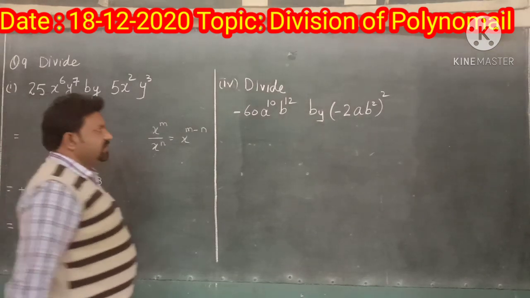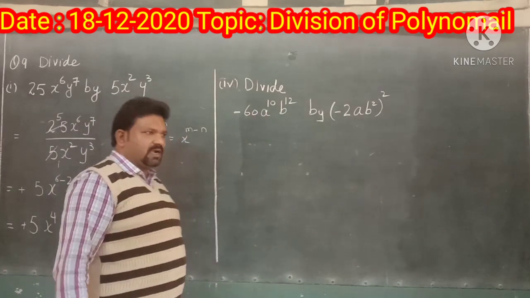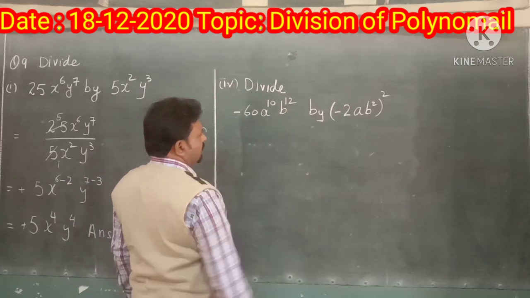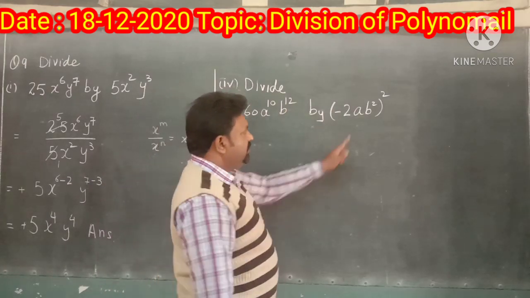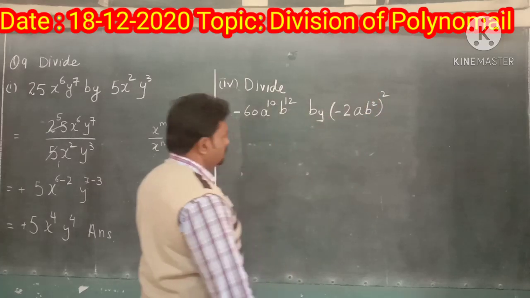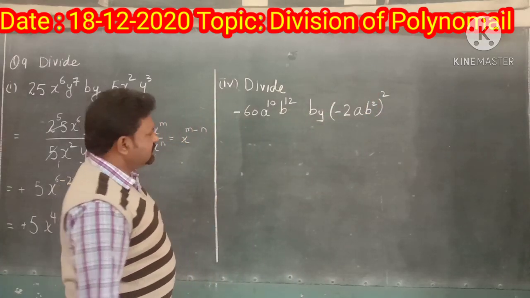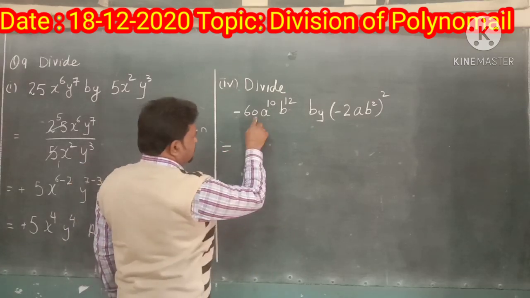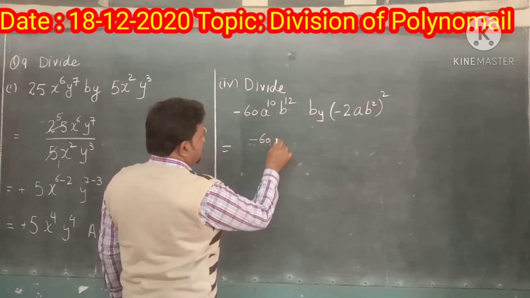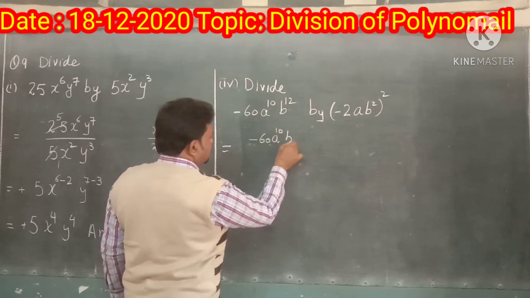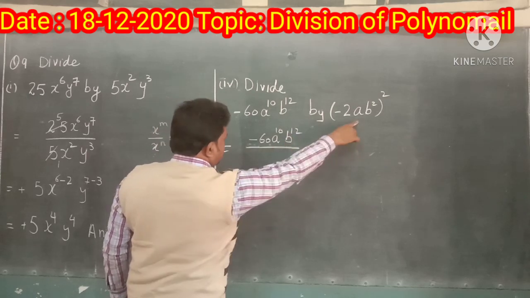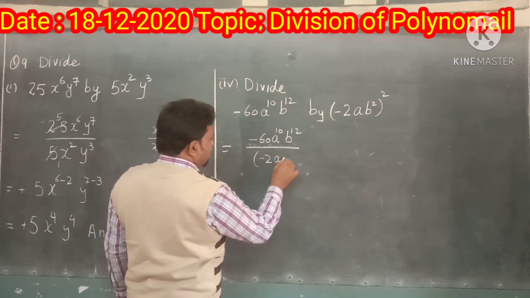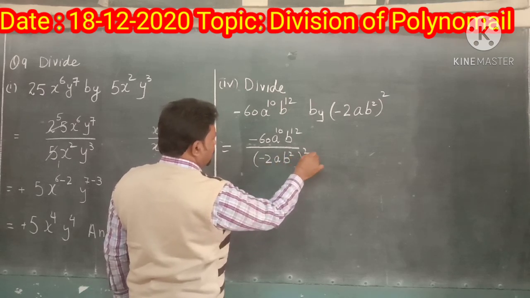So now we will solve its fourth part, that is minus 60 a power 10 b power 12 divided by minus 2 a b square whole power 2. So according to the rule, first we will write them into the fraction. So this one we will write as a numerator, and this one we will write as a denominator, minus 2 a b square whole power 2.